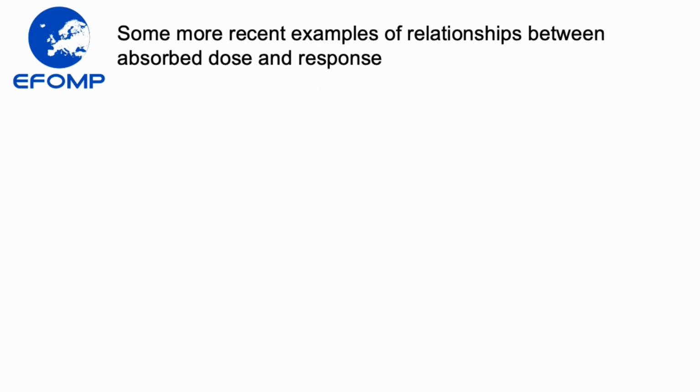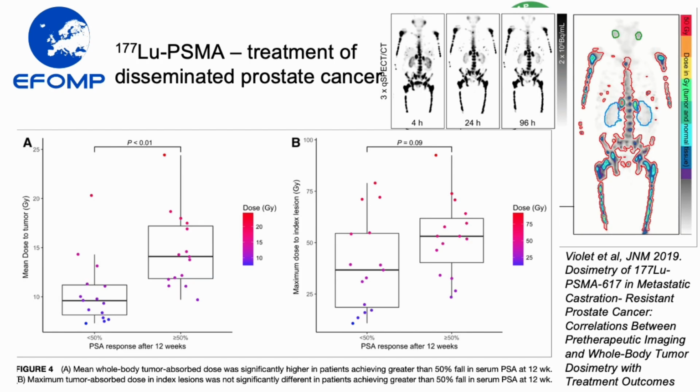And if I should just give a taste of some more recent examples, this is from a study of lutetium PSMA for the treatment of disseminated prostate cancer, where they looked at patients who responded after 12 weeks versus those who did not respond, and studied the mean absorbed dose to the tumor and saw a significant difference between responders and non-responders.